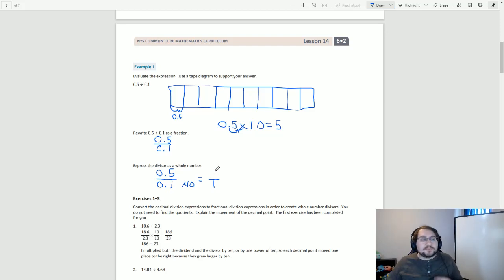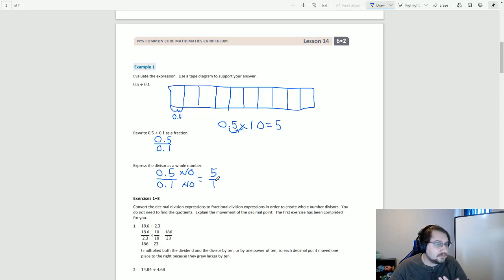If I multiply my denominator by a number, I'm going to have to multiply my numerator by that same number. So if I multiply my denominator by 10, I'm going to have to do the same with my numerator. So my 0.5 times 10 is going to give me 5.